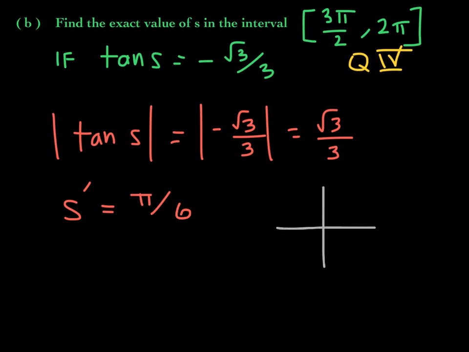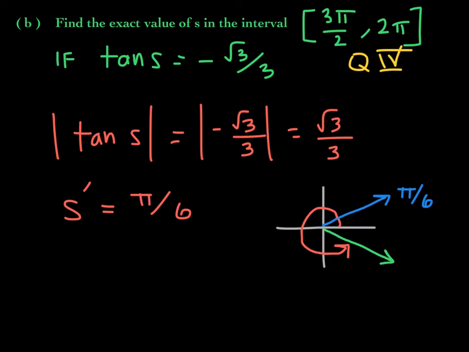Here's the reference, pi over 6. But if we are in quadrant 4, then you just get the mirrored image, which would be right here. You don't want to say negative pi over 6. You're going to want to say 11 pi over 6. Let me show you. You have to go all the way around like that. Okay? Actually, from the x-axis, really, all the way around.